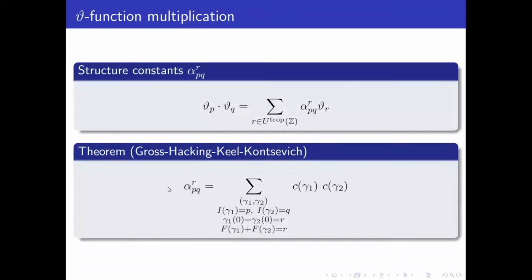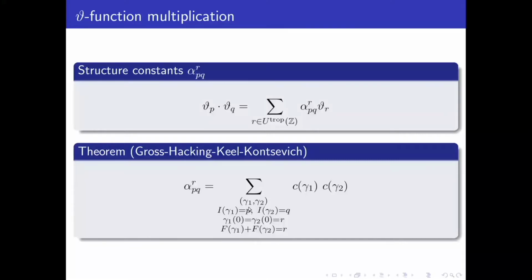What this is saying is that the structure constant alpha, p, q, r is given as a sum where what we're summing over is pairs of broken lines, gamma 1 and gamma 2. And these pairs of broken lines are required to satisfy certain conditions.